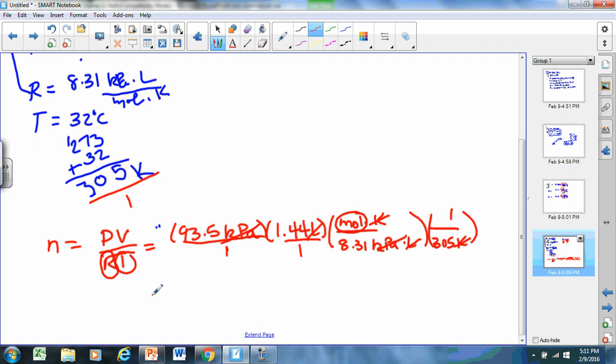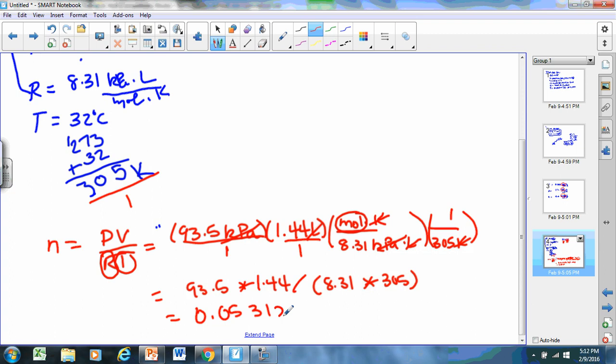So you get out a calculator and you type in 93.5 times 1.44 divided by parentheses 8.31 times 305, and then the calculator says 0.053121856 moles.